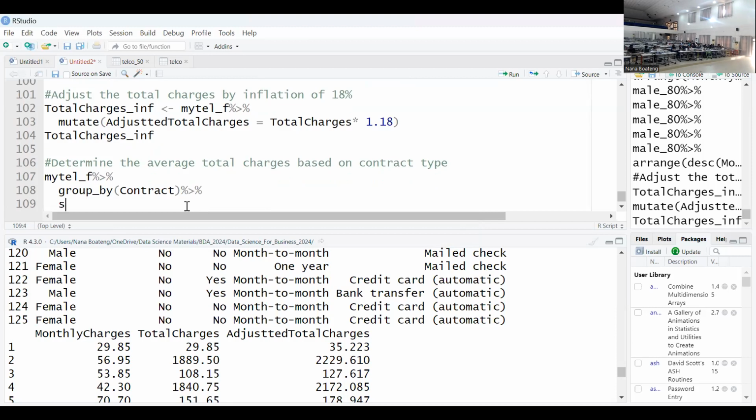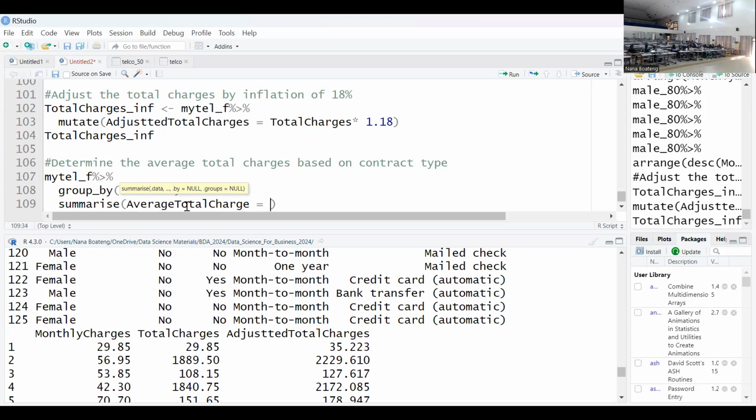So we use the verb summarize. What is the name of the calculation we want to do? We want to do average total charge. Let's create that, average total charge is equal to the mean of the total charge.